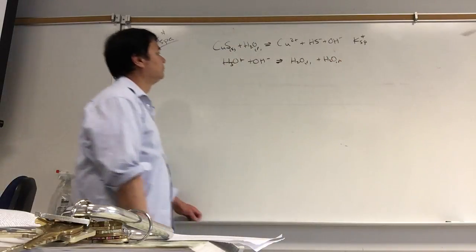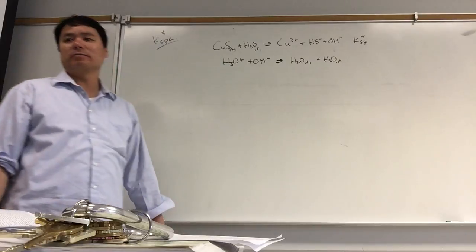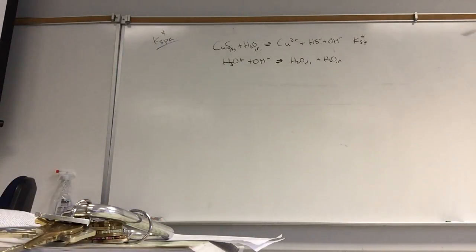But once hydronium attacks the hydroxide, there's another base around in here, and that's HS minus. HS minus is borderline strong. You take a look at the chart over here. Actually, it's not so strong.